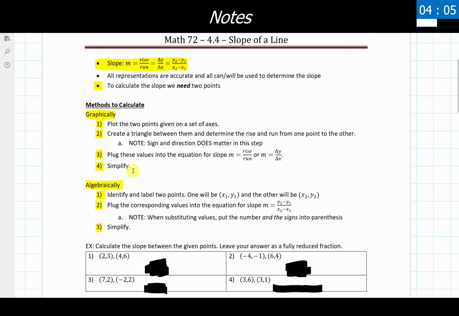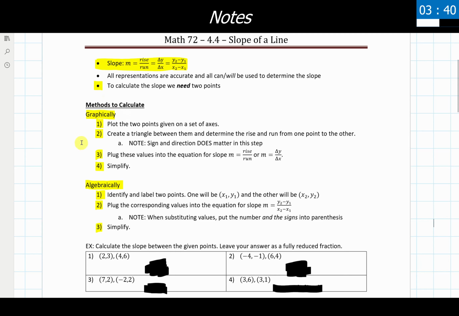This is a great example of why we want to simplify fractions, because it's much easier to look at a slope of 1 over 2, or 1/2, rather than a slope of 50 over 100, and think on what that looks like. It's a bit easier to have a tangible idea of what a reduced fraction slope looks like, even though they are the exact same thing.